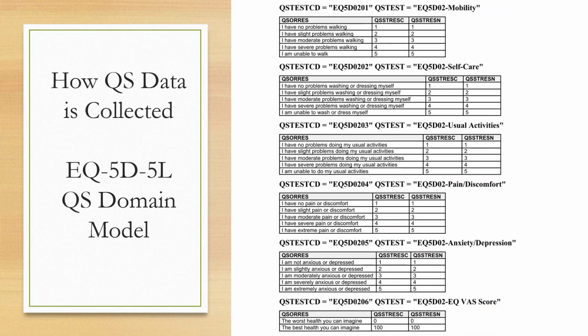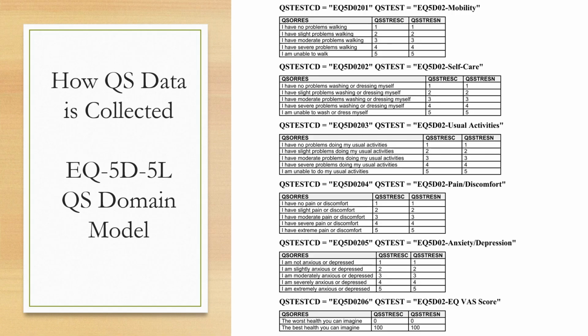In the previous example, we saw how the data is collected on the CRF form or the questionnaire form, but how it will be populated in your SDTM QS data, let's see that right now. Since this is a standard questionnaire form, CDISC has already defined how QSORRES, QSSTRESC and QSSTRESN will be populated for each test value in this form.